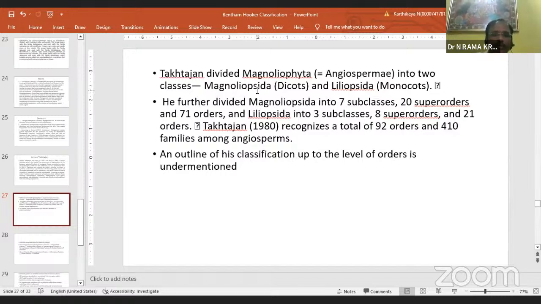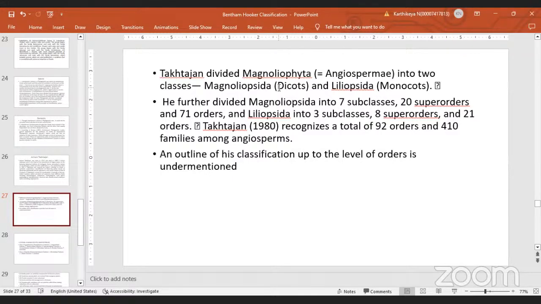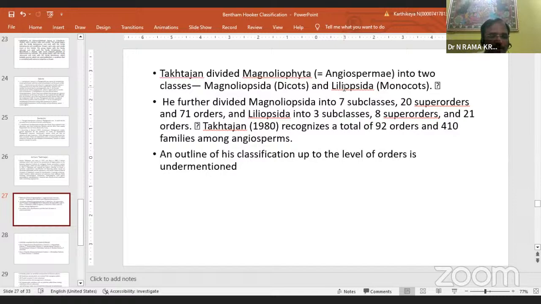What is the meaning of Magnoliopsida? Dicot. See the bracket: Angiosperm, Dicots. Liliopsida means? Monocots. I am saying again and again, sometimes in the exam a short question may ask to describe the Magnoliophyta.